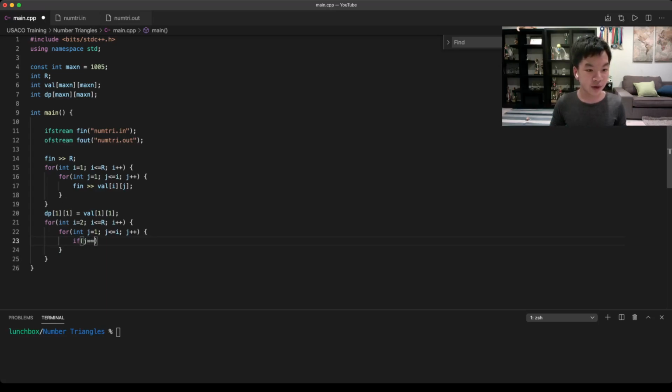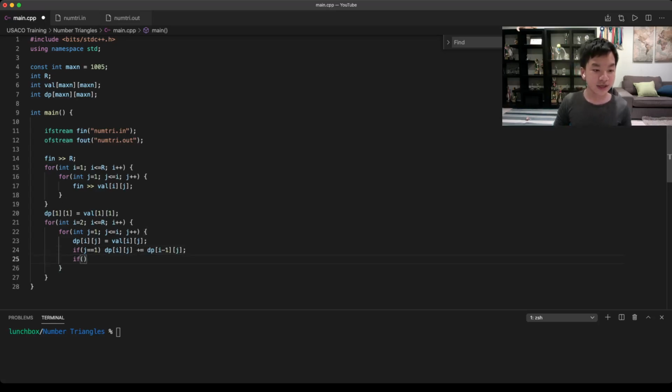So if j equals 1, then your dp of i, j would be equal to your dp of i minus 1, j plus val of i, j. Or we can actually simplify this by setting dp of i, j equal to val of i, j.